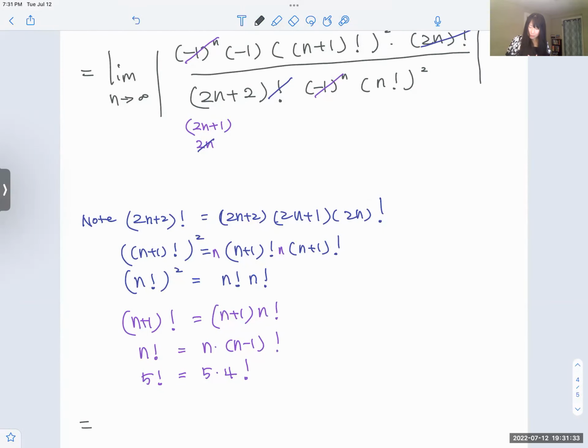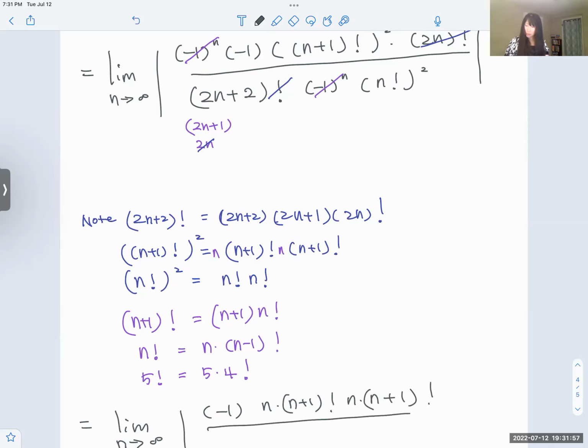So we have the limit as n approaches positive infinity of the absolute value of n plus 1 factorial squared, so n times n plus 1 factorial, then n times n plus 1 factorial, over 2n plus 2 and 2n plus 1 and n factorial. Yes, we can do that.